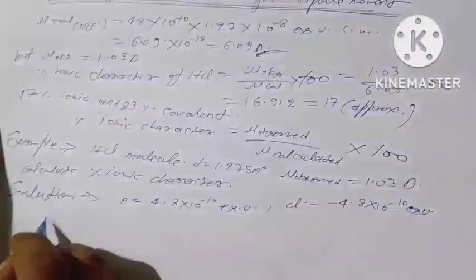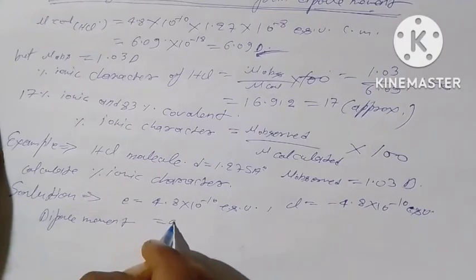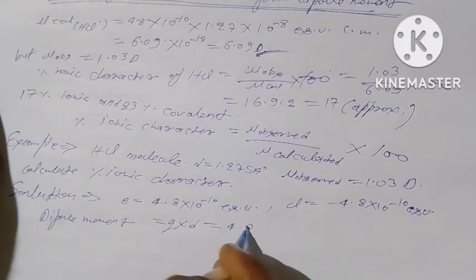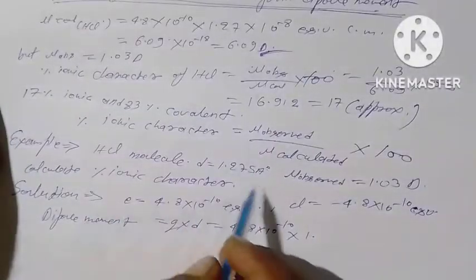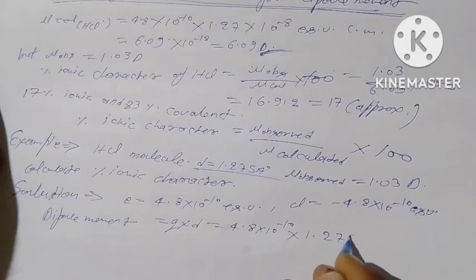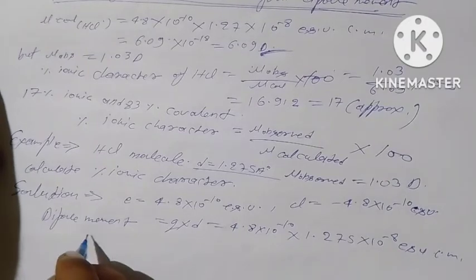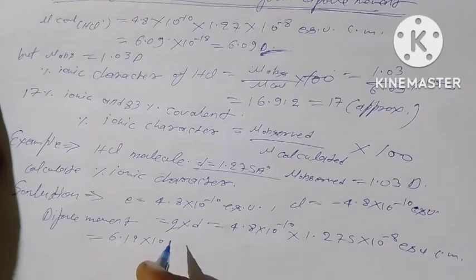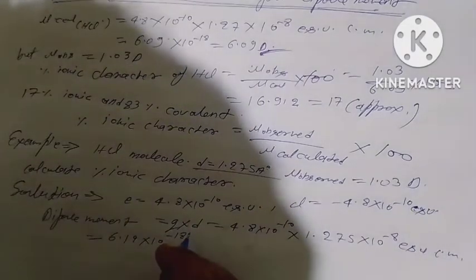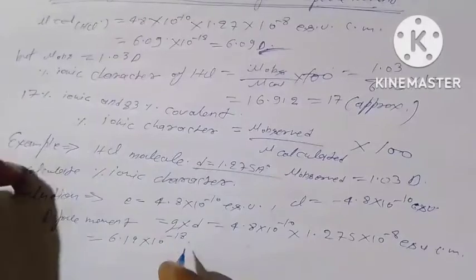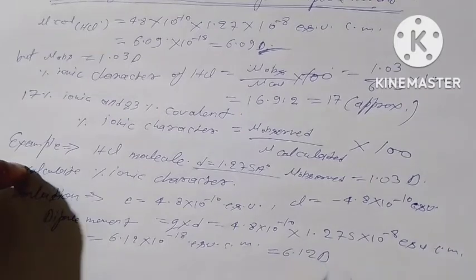Then dipole moment equals q multiplied by d, equal to 4.8 × 10^-10 multiplied by 1.275 × 10^-8 ESU centimeter, that is 6.12 × 10^-18 ESU centimeter, that is 6.12 D.